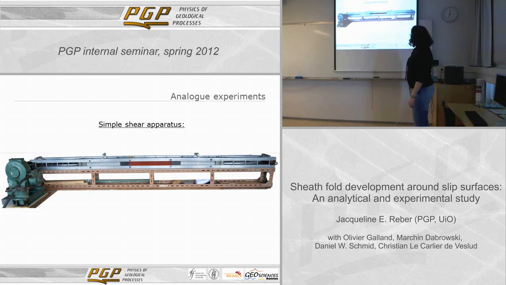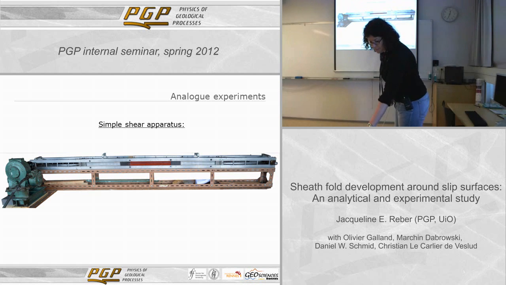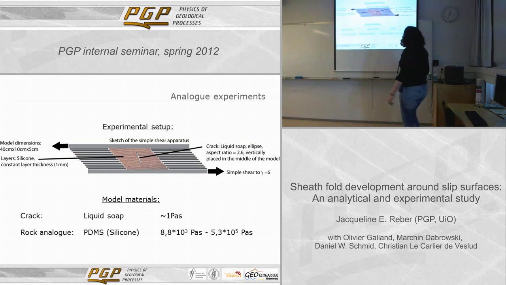For that purpose, I traveled to Rennes, where this simple shear apparatus is standing. It's quite an old apparatus, like 30 years old, but it works very well and it's able to produce simple shear to quite high shear strains, which is exactly what we need. Now, the experimental setup looks as follows.